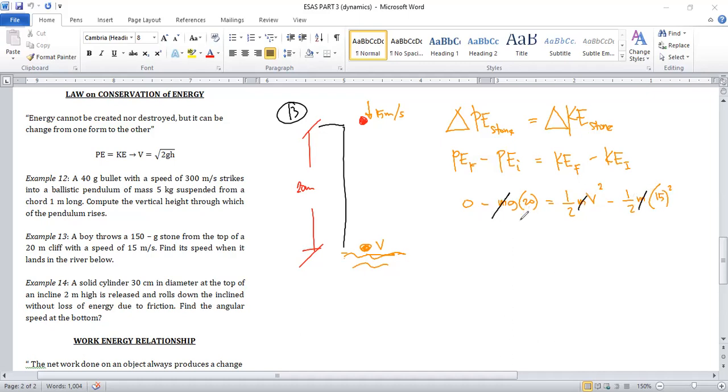Then 9.81 multiplied by 20, with a negative sign, is equivalent to 1/2 of v squared minus 1/2 of 15 squared.